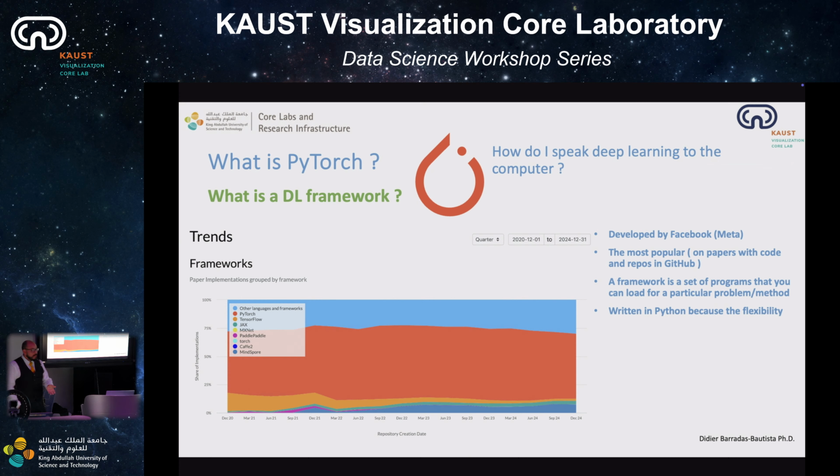TensorFlow is also written in Python, and this is why it's the second place you see here. But as you can see, over the years, the usage is less and less because PyTorch gives you more flexibility. It allows you to tweak some details, okay? And then there are others. For example, JAX is also a product from Google.